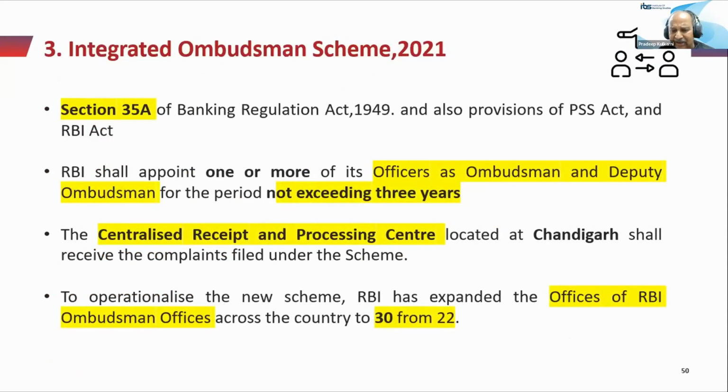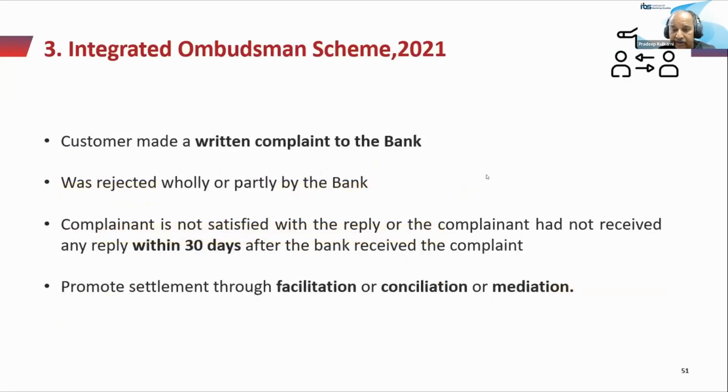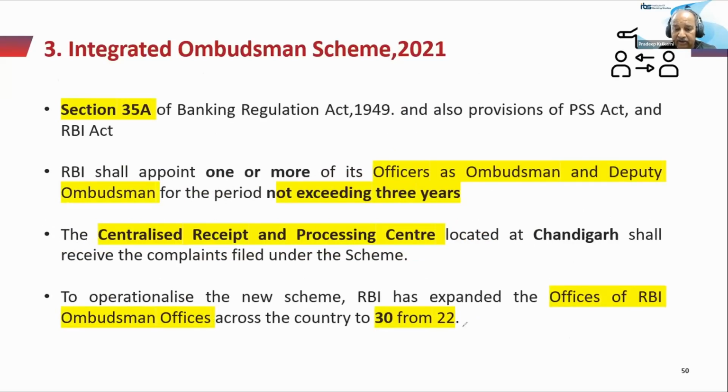And this aspect I dealt with yesterday only. And I think here is a small change. Now the offices have increased from 22 to 30. And they are known as ORBIO, offices of RBI Ombudsman.